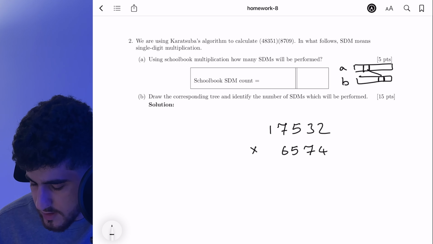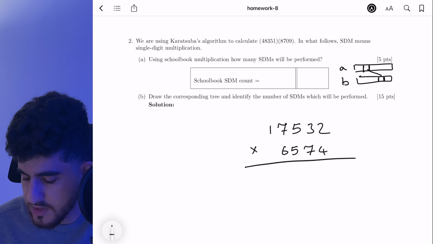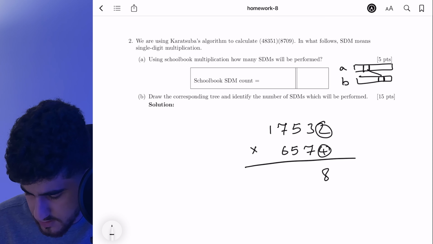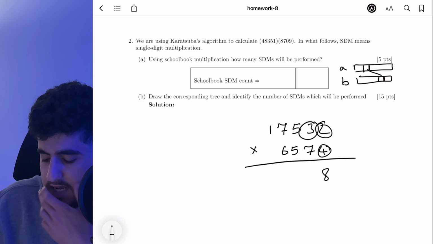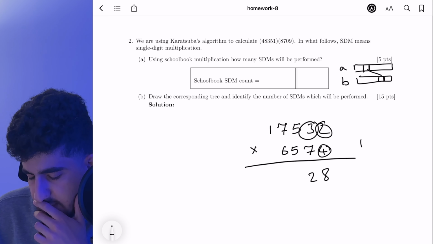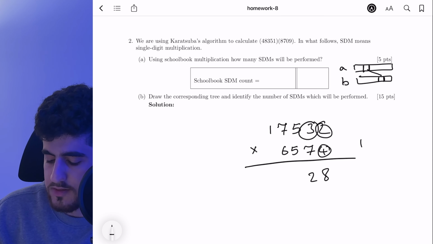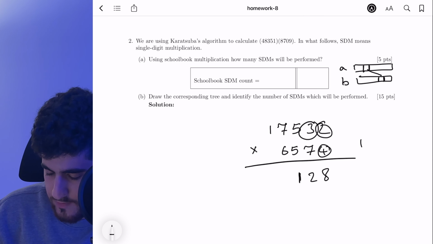When I want to calculate the product of these two numbers, first I multiply this 4 by this 2, and I write 8 in here. Then I multiply this 4 by this 3, and I write 2 in here, and I have one additional number that I will add to my next digit. Then I have 4 times 5, which is 20.